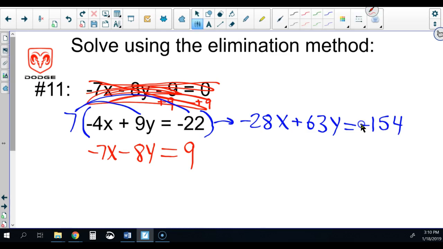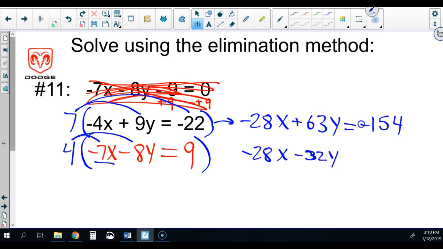I need the bottom equation to get a negative 28x. So I can turn negative 7x into 28 by multiplying by 4. So there's a negative 28x. 4 times negative 8y is minus 32y equals 4 times 9 is 36. So 2 new equations over here on the right, but I have my 28x's that match up.